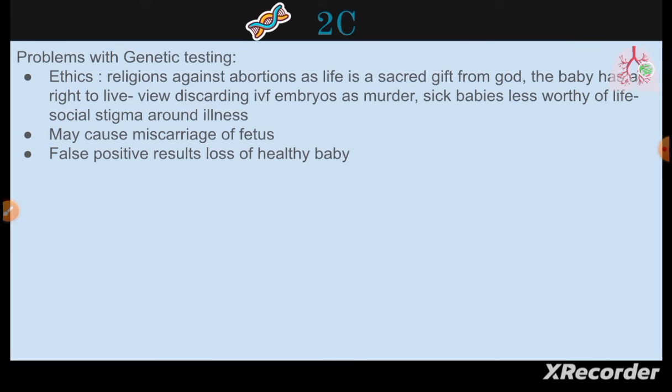Sick babies are seen as less worthy of life, and this causes social stigma around illness. If we abort every baby with a genetic illness, people will think that they are less worthy of living than normal human beings. Testing may also cause a miscarriage of the fetus, and you can get false positive results, which would lead to the loss of a healthy baby.